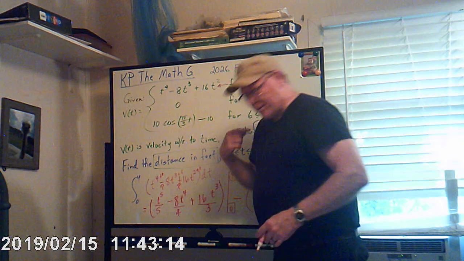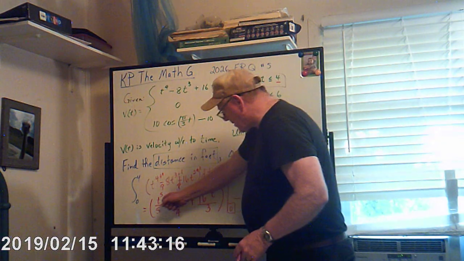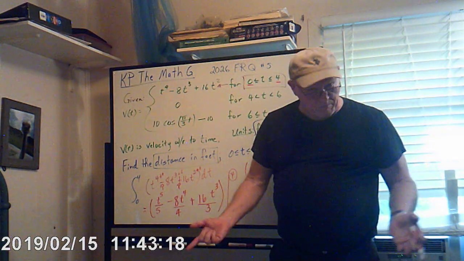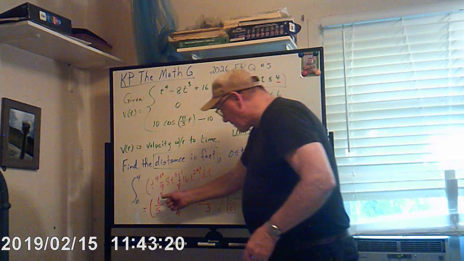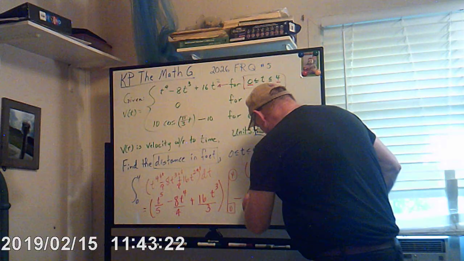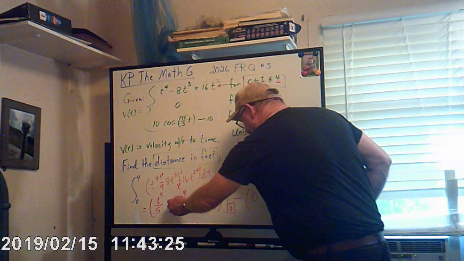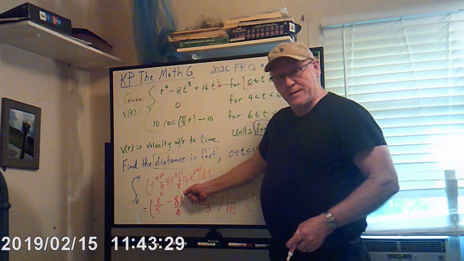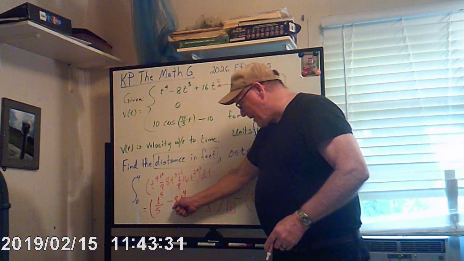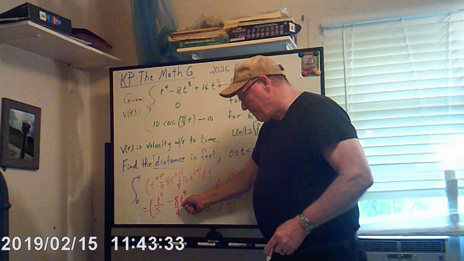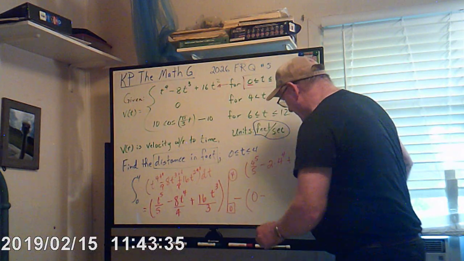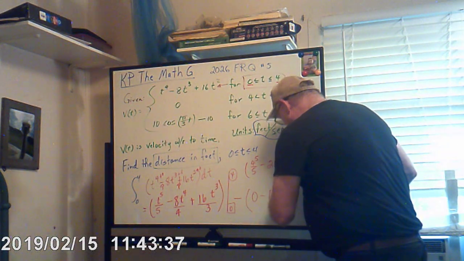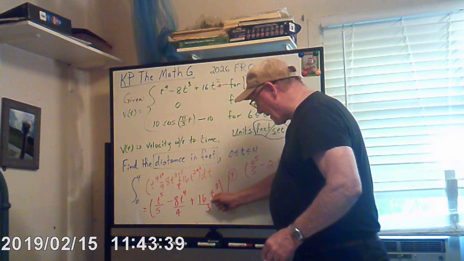Let's do it mentally. What's 0 to the 5th? 0, right? 0 divided by 5 is 0. Alright, minus sign. 0 to the 4th is 0. 8 times 0 is 0. 0 divided by 4 is 0. Plus 16 times 0 cubed.